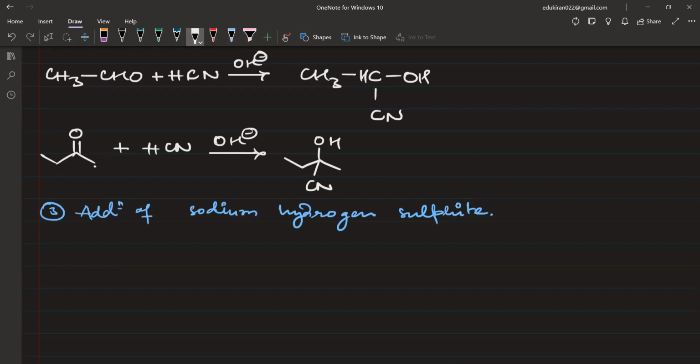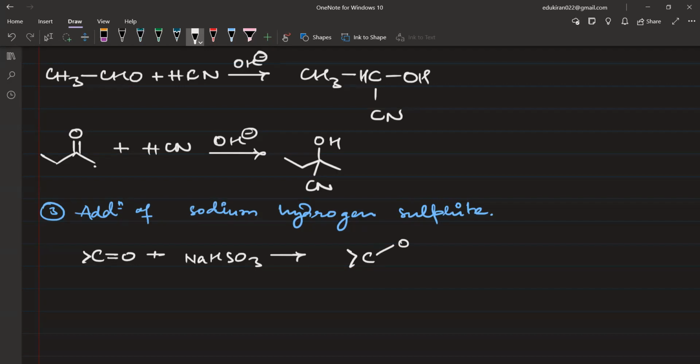So please see, you have C double bond O plus NaHSO3. First of all, here this sulfur atom attacks the carbon because sulfur is going to have delta negative and Na is positive. So you first of all get carbon.